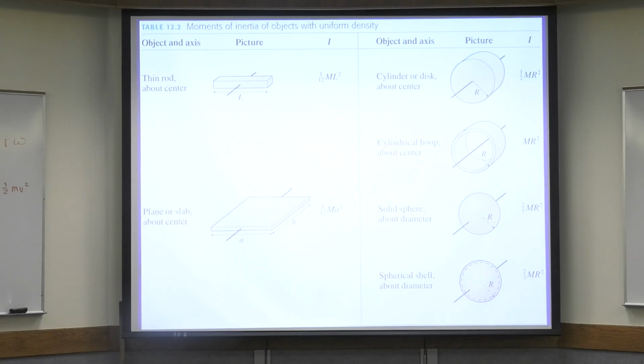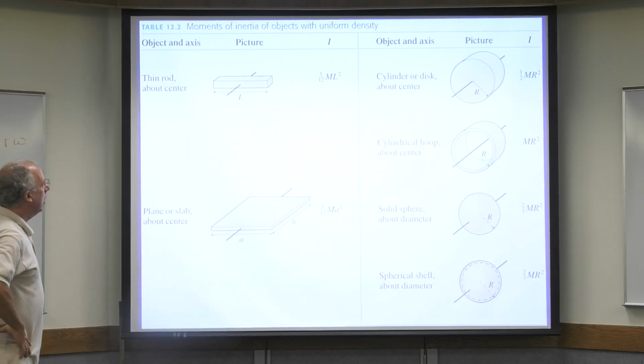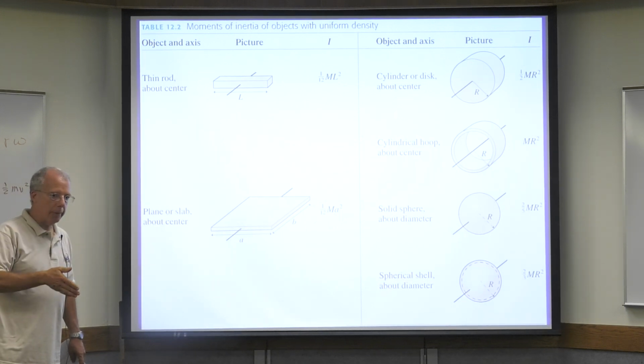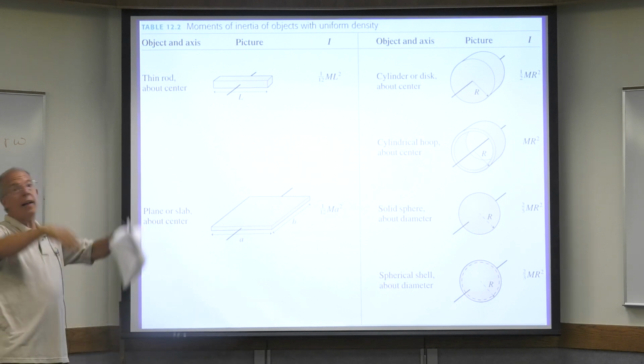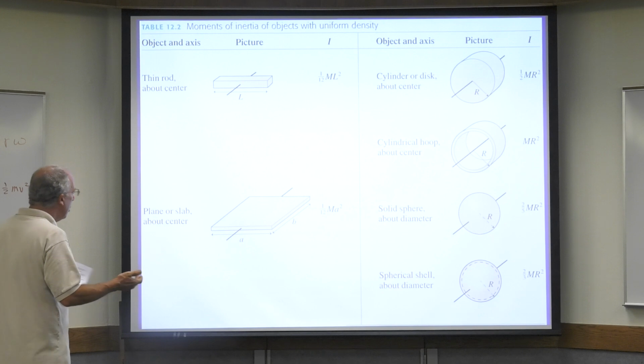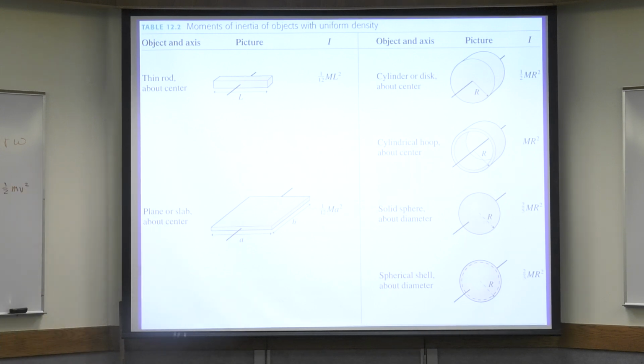Okay, so that's cool. Well, what if I want to know what the rotational inertia is when you rotate these objects through an axis that's not the center of mass? What do I do? Well, you use something called the parallel axis theorem.